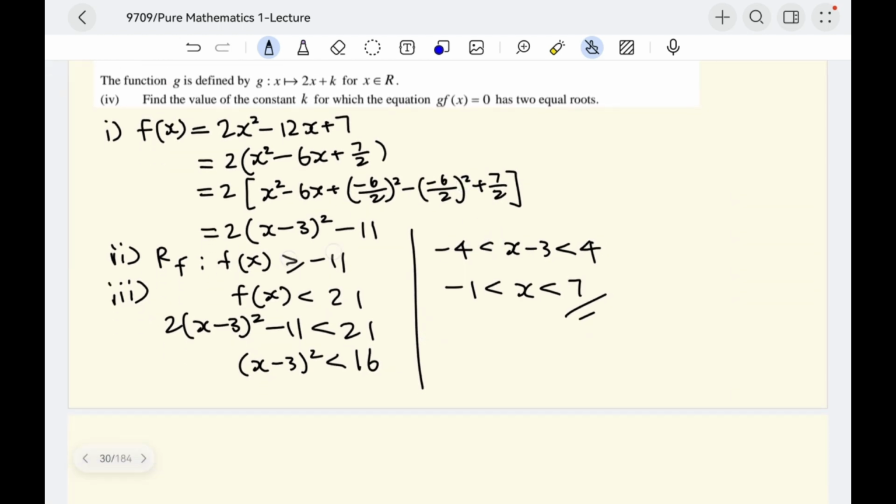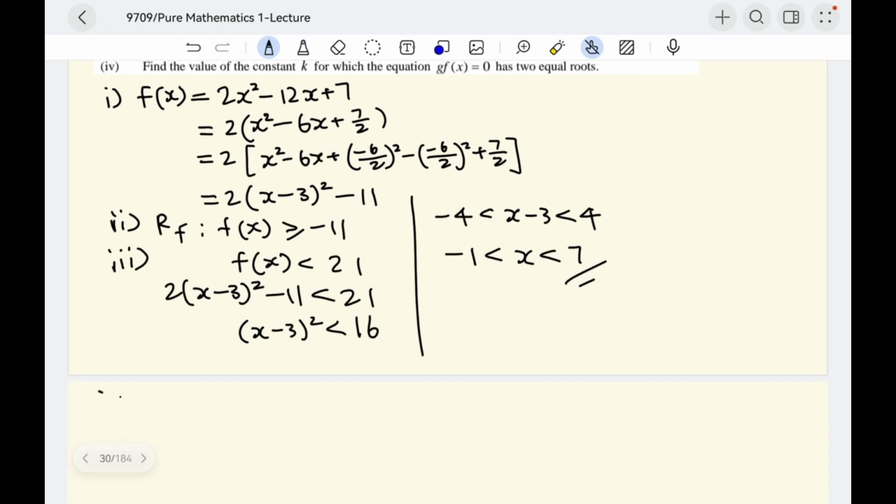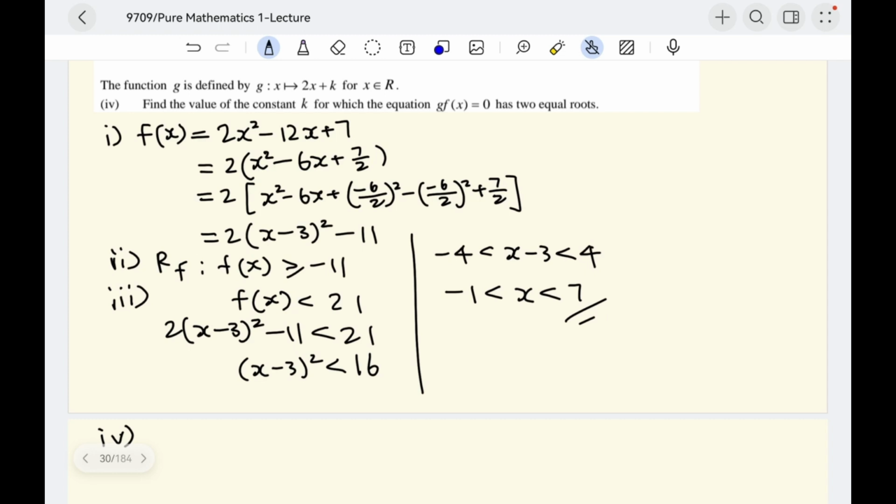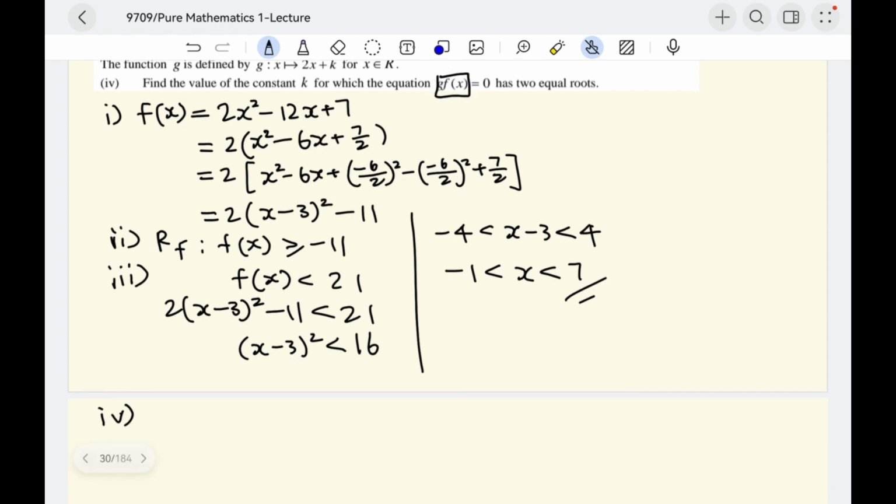Let's take a look at the fourth part. A function g is defined as g maps x to 2x plus k for x in all real numbers. Find the value of the constant k for which the equation gf(x) equals 0 has two equal roots. First thing, you need to find what is gf(x). gf(x) is a composite function, as you know.